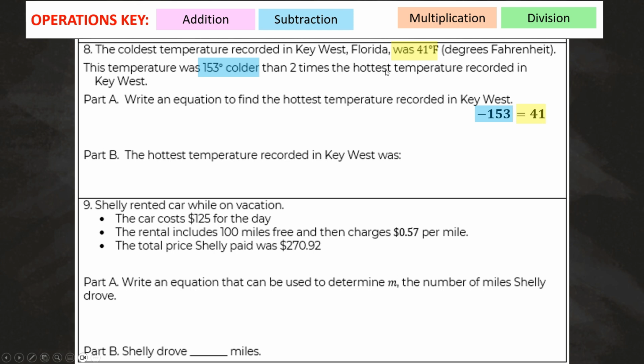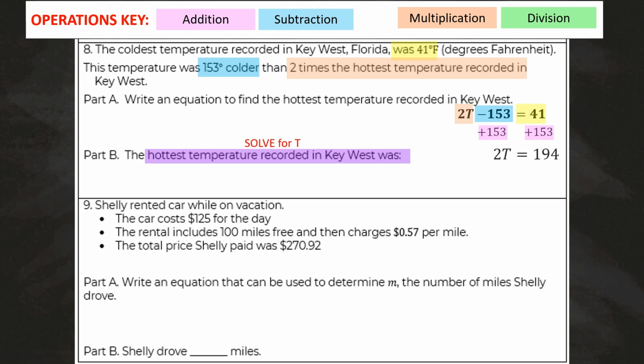Then 2 times the hottest temperature recorded in Key West. So 2t minus 153 equals 41. We're going to solve for t, so we add 153 to both sides. 2t is equal to 194, divide by 2. T is equal to 97. We get 97 degrees Fahrenheit.